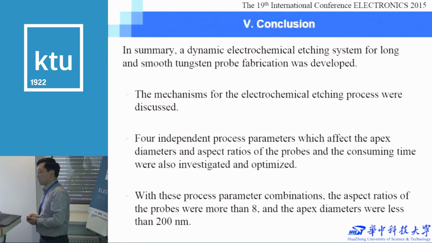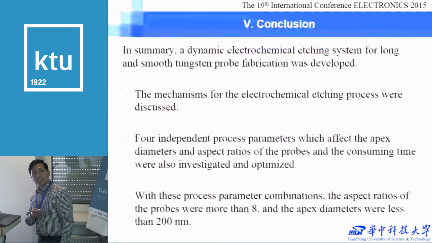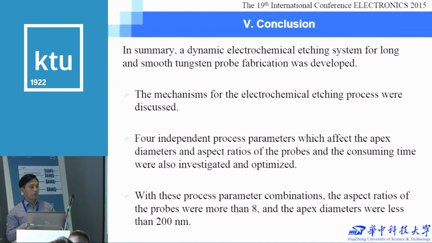And then I can give the conclusions. In summary, a dynamic electrochemical etching system for long and smooth tungsten probe fabrication was developed, and the mechanism of the electrochemical etching of probes was discussed. 4 independent process parameters which affect the apex diameter, the aspect ratio of the probe, and the consuming time were also investigated and optimized.